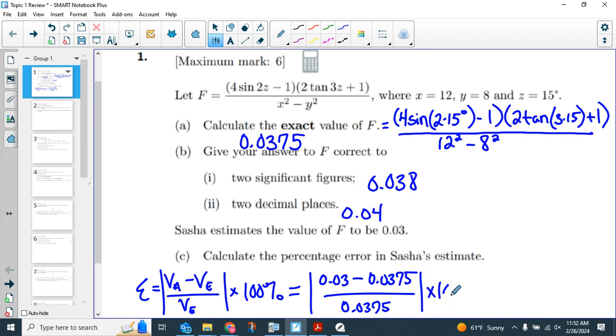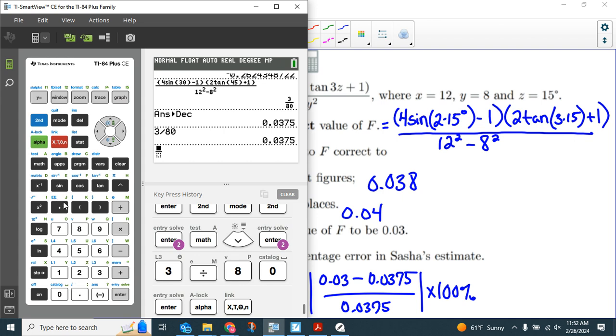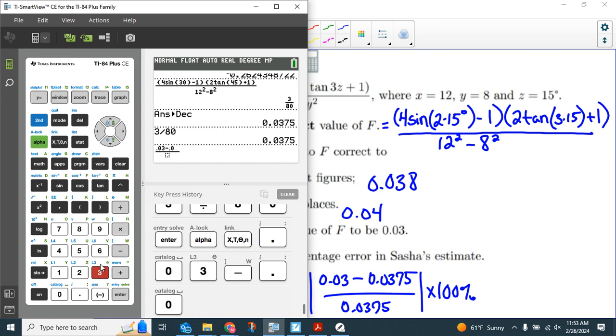You don't have to do the times 100 if you just know that that's going to give you a decimal, and we should be fairly proficient at going back and forth between decimals and percentages. So here, I'm not going to worry about the absolute value. I'll just know that if it's negative, which it will be, I just ignore the negative sign.